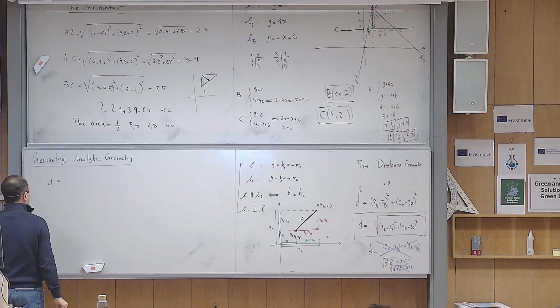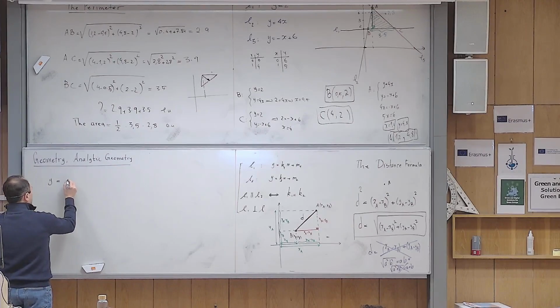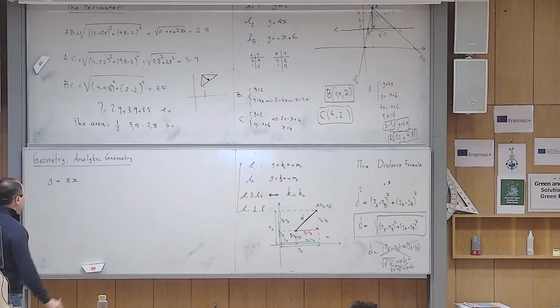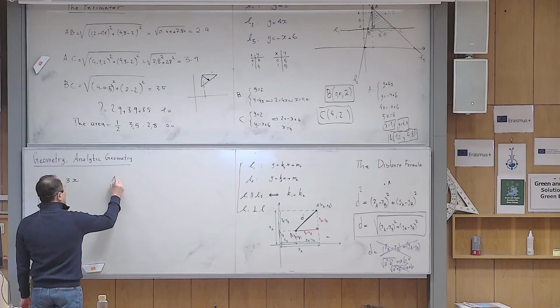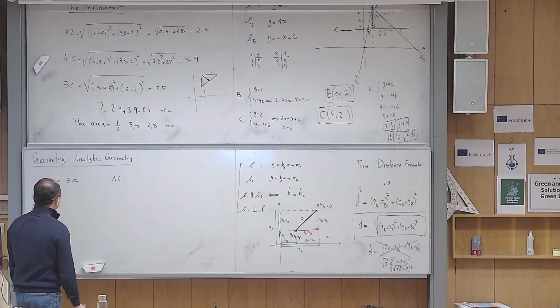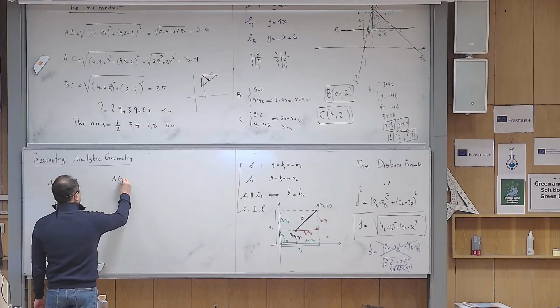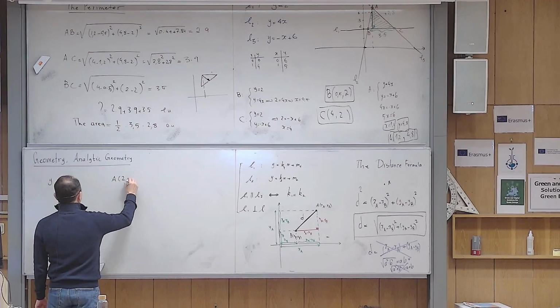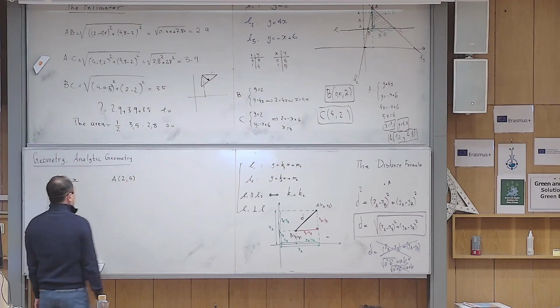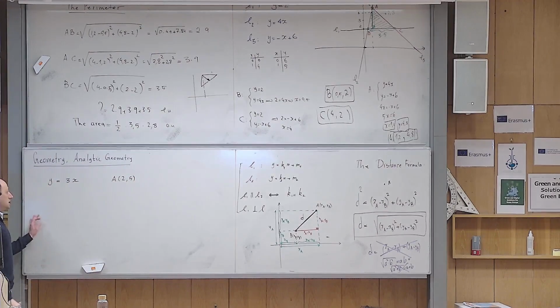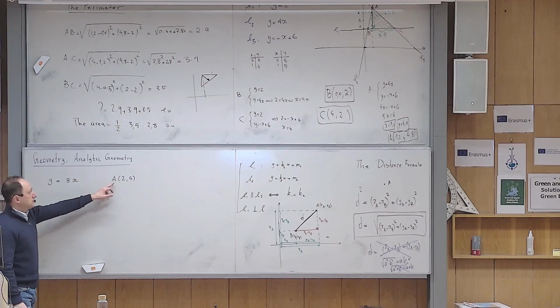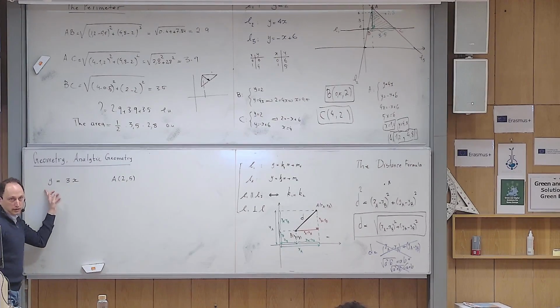Y is equal to, let me make it very simple, 3x, and then I give you a point with coordinates 2 and 5. My question is, find the shortest distance from the point to the line.